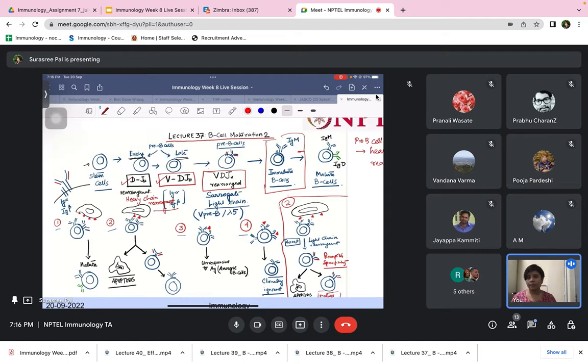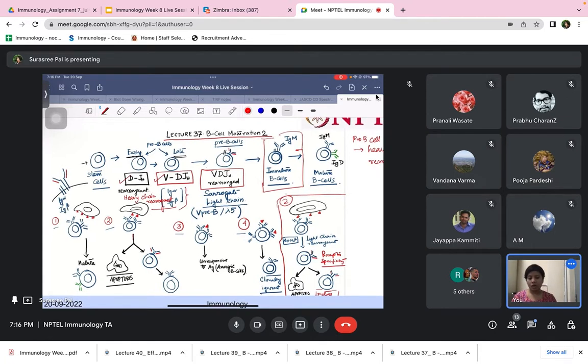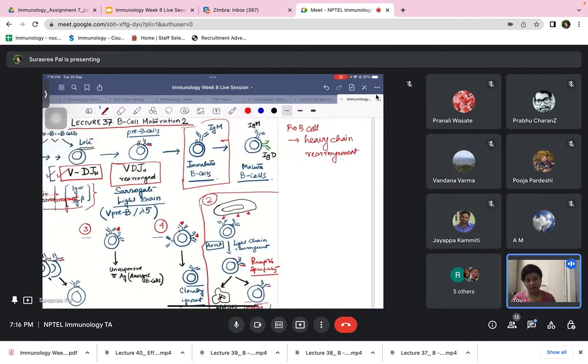Now what will happen is that these late pro B cells, these late progenitor B cells, will express this heavy chain on their surface, okay, along with Ig alpha and Ig beta. What are these Ig alpha and Ig beta?